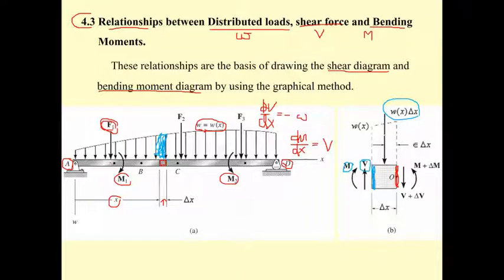Also, if we take a look at the moment from the previous clip, a clockwise moment at a given point on the beam will produce an increase of the bending moment at that point.